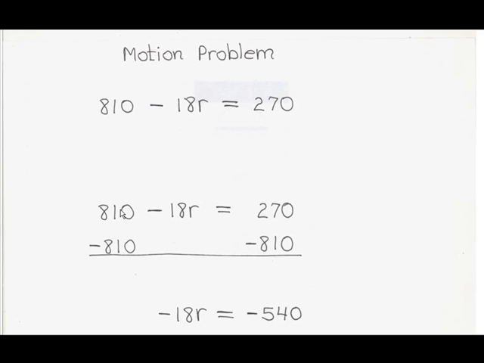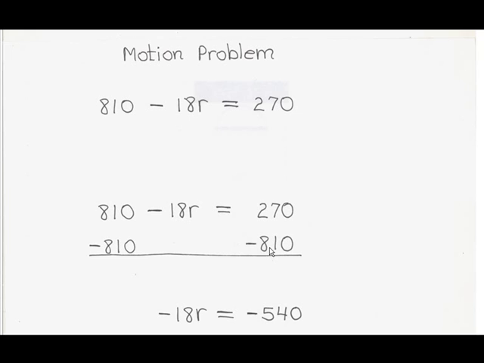So we will choose to eliminate the 810, leaving us with the negative 18r on the left side. So in this case, since 810 is positive, we will use the additive inverse of 810, which is negative 810. And we have to add that negative 810 to both sides.